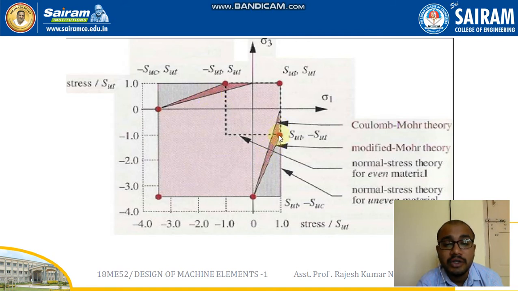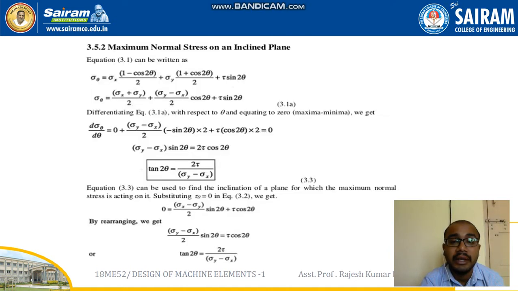Whatever values we get on the positive side, the equal magnitude is present and only the direction varies. In practical conditions also the same possibilities are there. When we calculate theoretically and compare, we get exactly the same value.